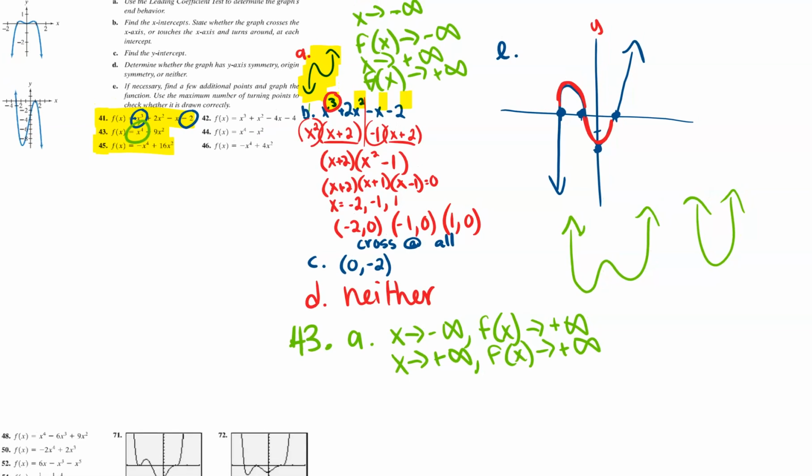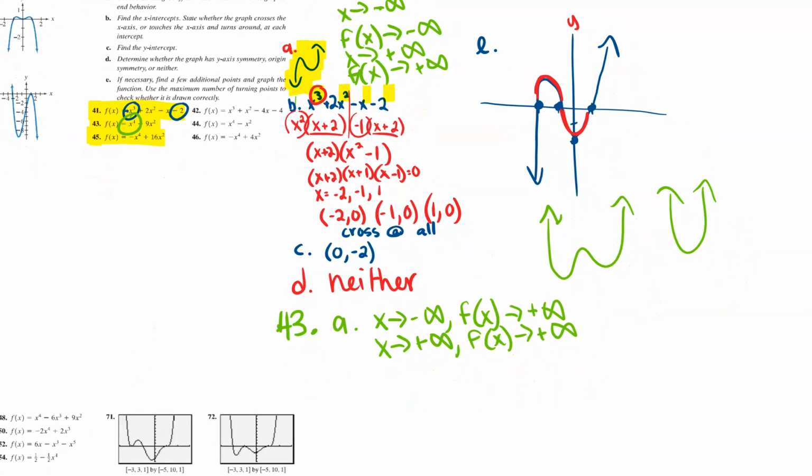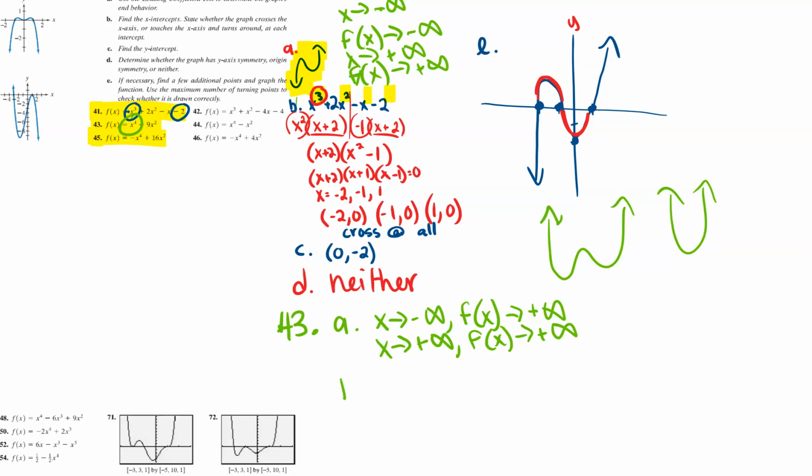B says find the x-intercept, state whether the graph crosses the x-axis or touches the x-axis and turns around. So again, I'm going to factor this. So I have x to the 4th, I believe that says minus 9x squared.